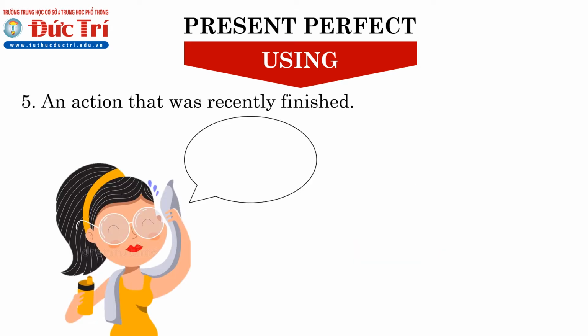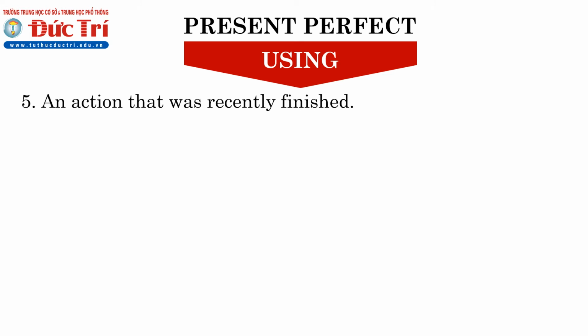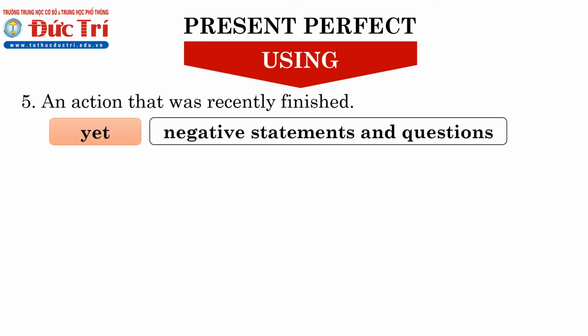We use present perfect for an action that was recently finished. For example, I've just finished running. And there are some signals for present perfect like just, yet, already, recently. Be careful.